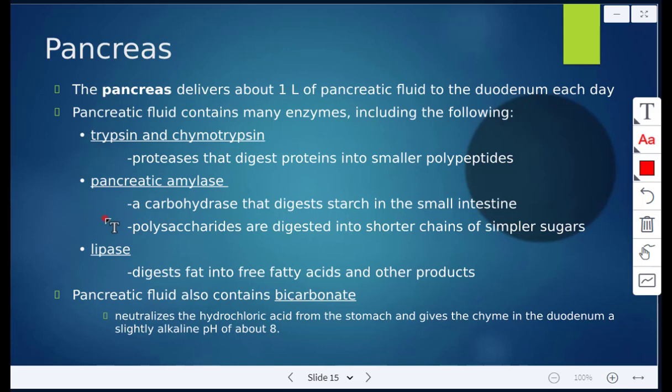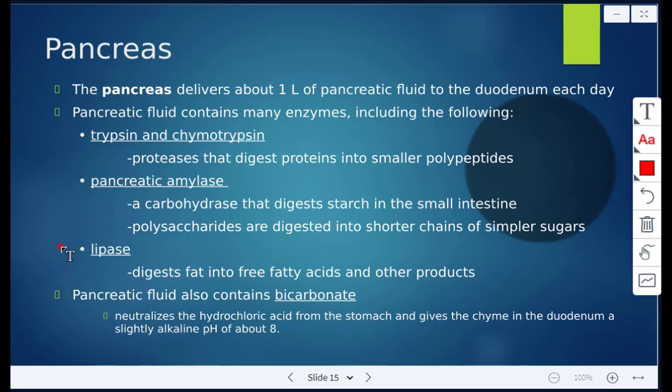Polysaccharides are digested into shorter chains of simpler sugars. Recall from our previous lesson that the subunits of carbohydrates are sugars. So the enzymes are now breaking down those carbohydrates into smaller chains of simpler sugars.